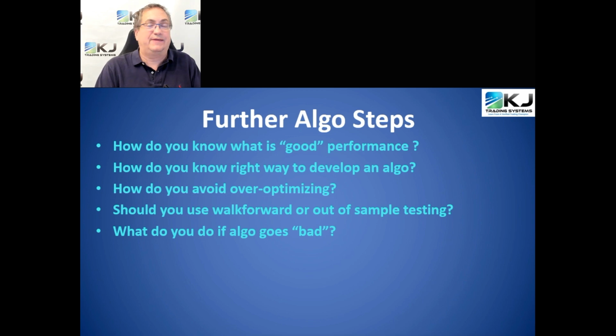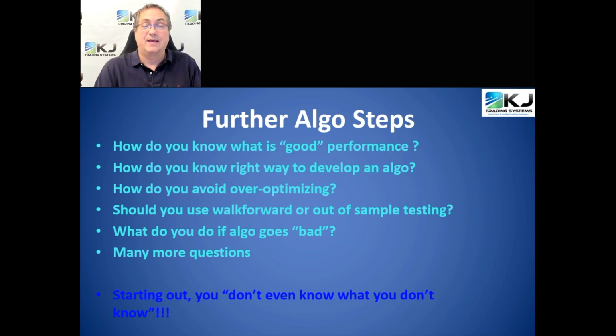And what happens when things go wrong and the algo just starts losing money? There's just a ton of questions that you have to ask yourself if you're truly going to try algo trading. And the old phrase, you don't even know what you don't know, holds true when you first get into algo trading. You don't even realize some of these things until you start trading.